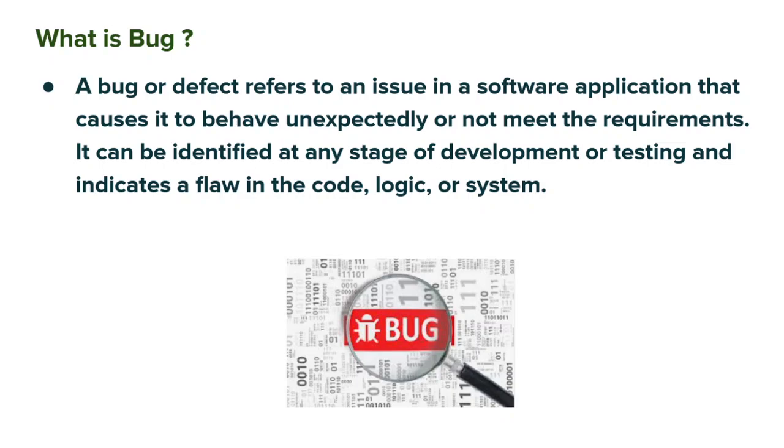But due to some flaw in the code or logic, if the user is not able to log in even after entering the correct username and password, then it is a bug, because the actual outcome is not as per the outcome given in the requirement. It is some flaw in the code or in the logic. That's why the issue occurs. So as a QA, we should report that bug.